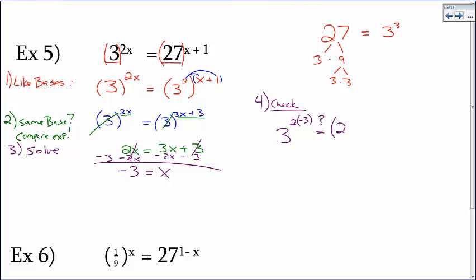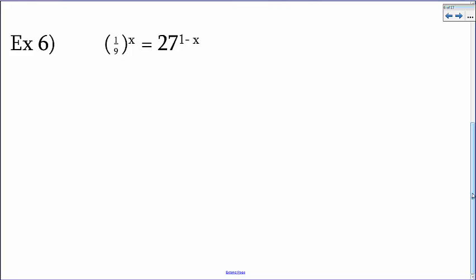And I ask myself, does the left side, once I plug in this value for x, equal the right side? What I should come out to is 1 over 729 equal to 1 over 729. So my answer checks out, and I know that I have the correct solution.